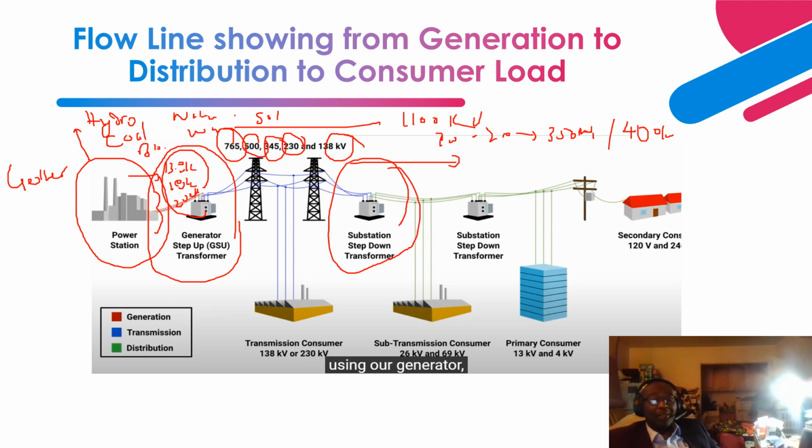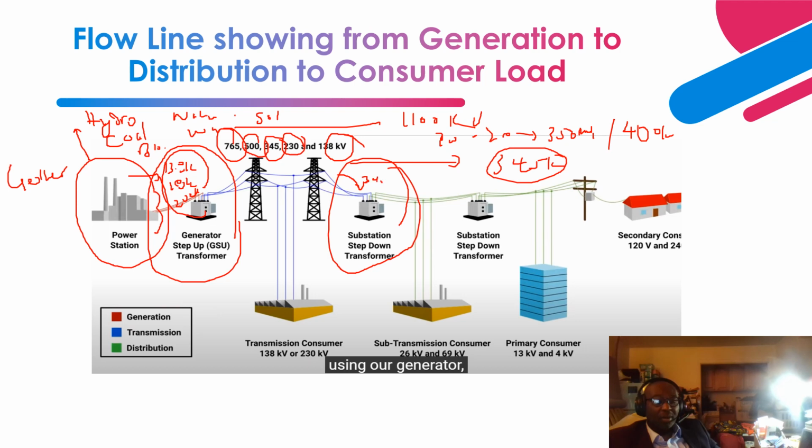Let's take an example. You have a 345 kV transmission level voltage, and you've been able to step up from 13.8 kV, 18 kV, or 20.2 kV to 345 kV. At this step-down sub-transmission level, you're coming in at 345 kV.